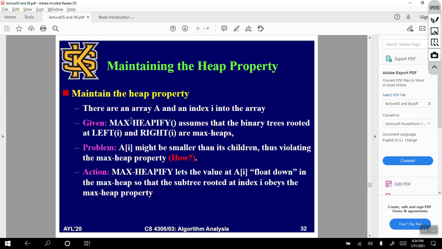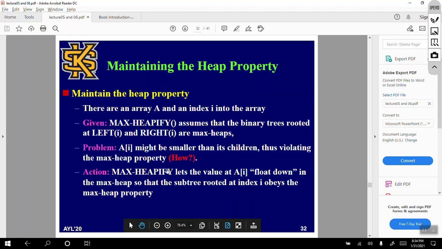Like we discussed, whenever we move the last element to the root, the root element becomes smaller than its children, right? Then what do we need to do? We need to call the max Heapify algorithm to let the value at A[i], the top element, float down so that the subtree rooted at index i obeys the max heap property.